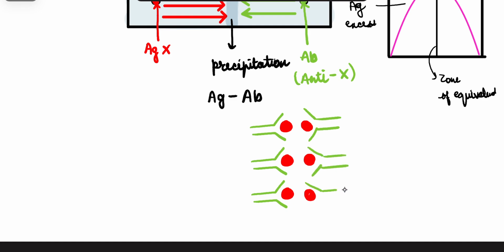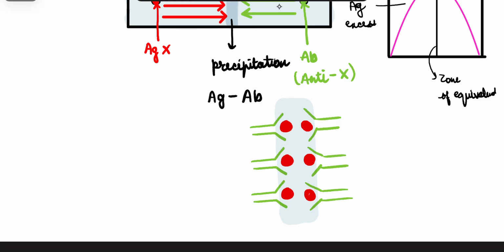So what these antibodies are doing is cross linking all of these antigens, and this, if you particularly observe, becomes a kind of lattice. This is a kind of lattice which has become here. So I will highlight this lattice here. This is the place where a kind of lattice has formed, where multiple antigens are interacting with each other and they have settled down because they have precipitated.